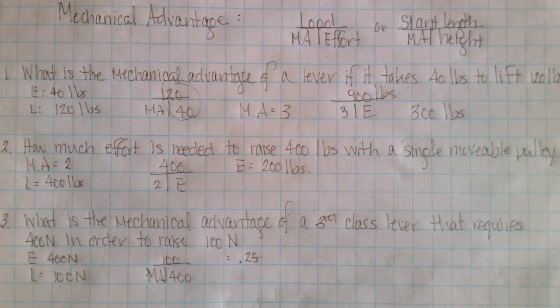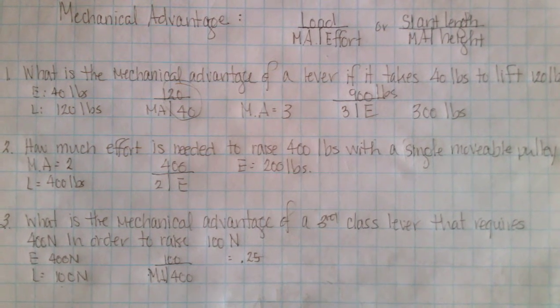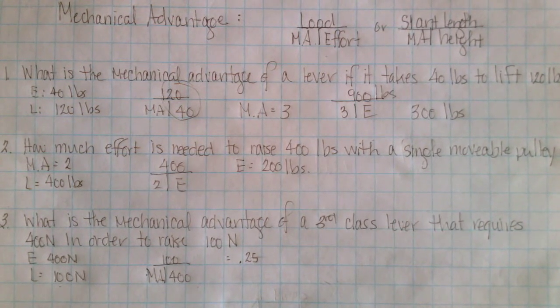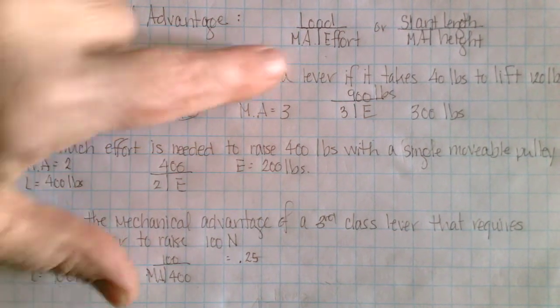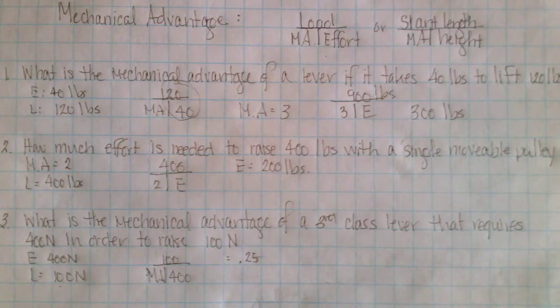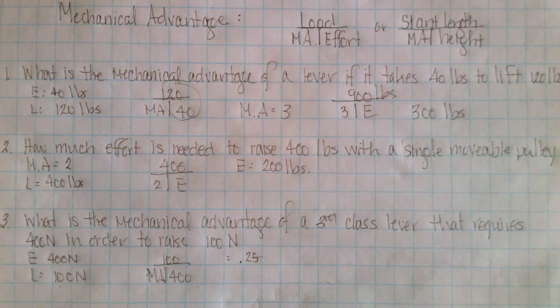So it's taking me 40 pounds. That's the effort I have to put into it, so that's why I labeled it E. And the load that I'm trying to lift is 120 pounds. And so when I put it into this T, then my mechanical advantage is 3. Notice that there's not a unit for mechanical advantage. It's just a comparison of load and effort, so it doesn't have its own unit.